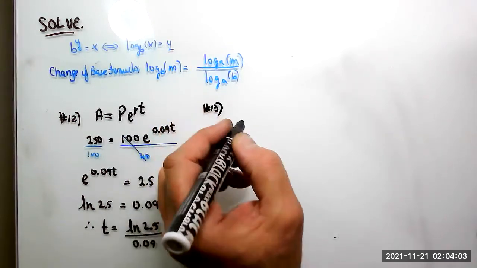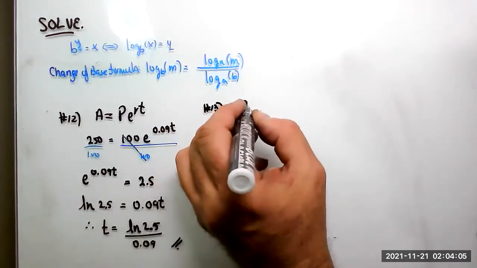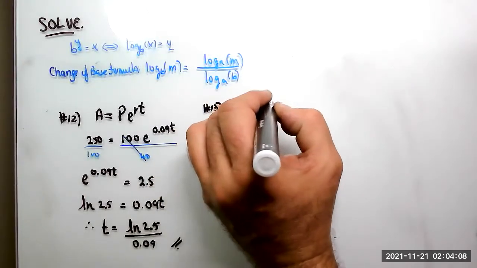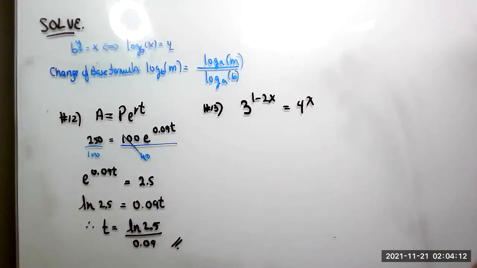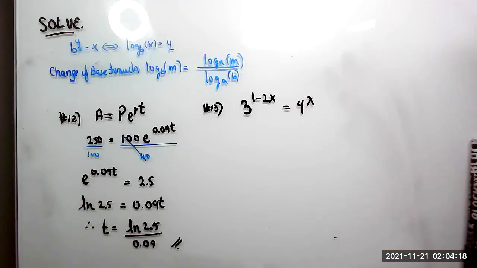Example number 13 will be very complicated. Well, not that complicated. 3 to the 1 minus 2x equals 4 to the x. In this example, we have to use the following property.